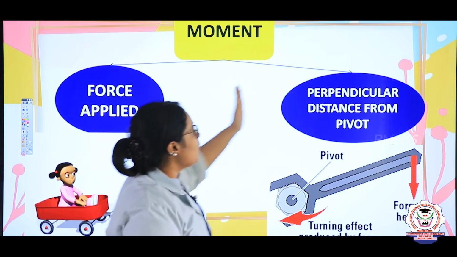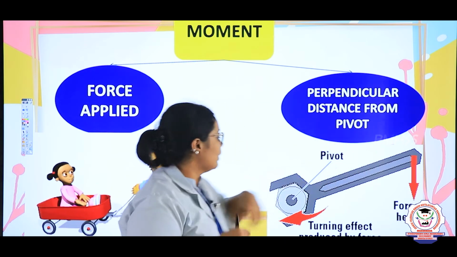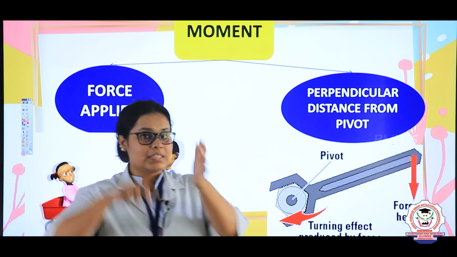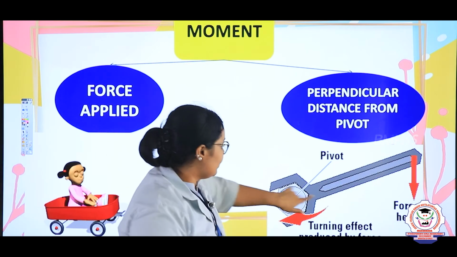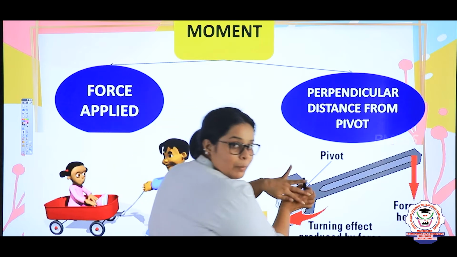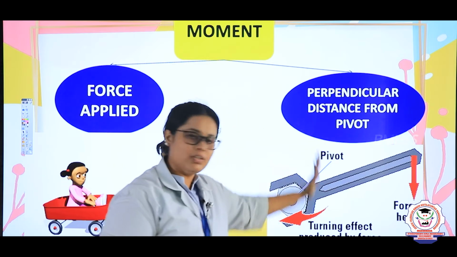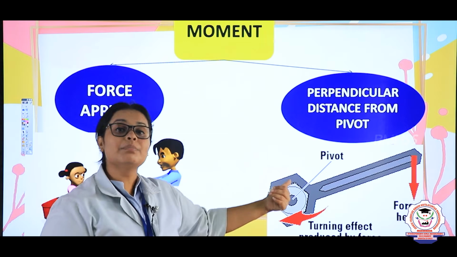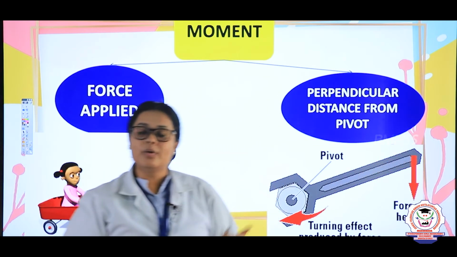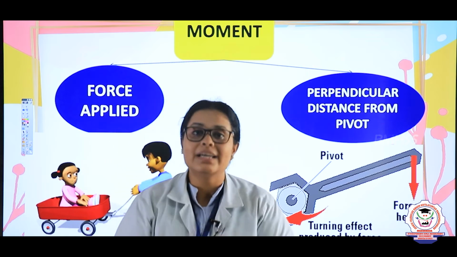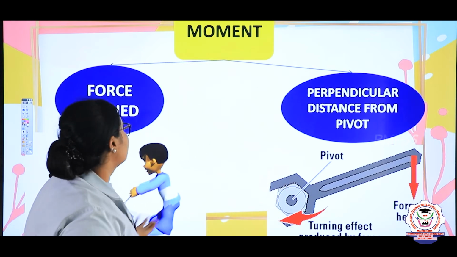The second one is the perpendicular distance from the pivot. This is the pivot, which is the fixed point, and in this perpendicular direction, even from here, if I put pressure, will this change? No, right? So whenever there is perpendicular distance from the pivot, the force which we are applying will be minimized a little, right?